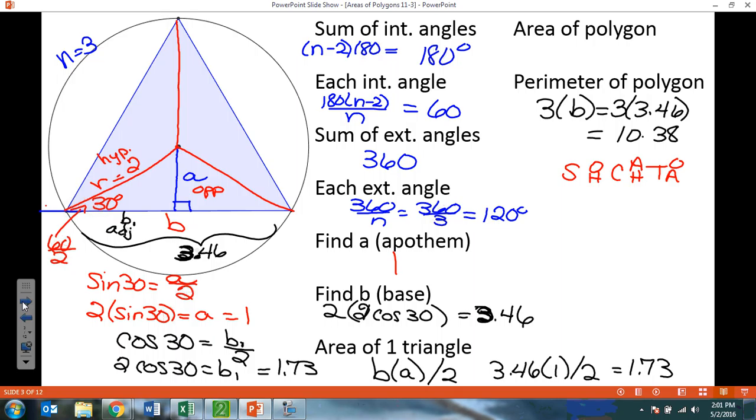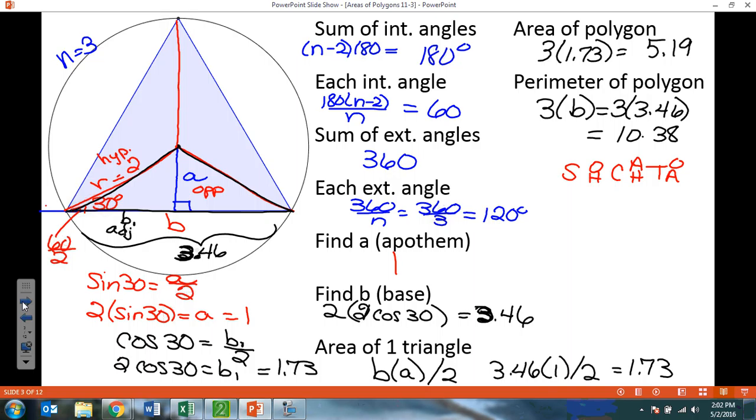How many triangles do I have? That was this whole triangle. So we have a total of 3 of them. So we will take 3 times one of those triangles to get our whole thing. And how much is that? 5.19.